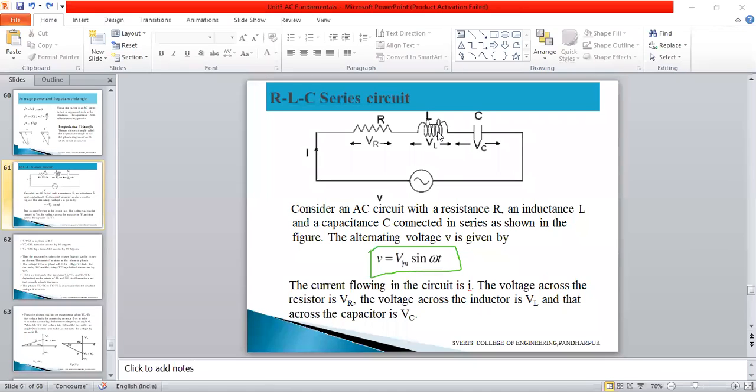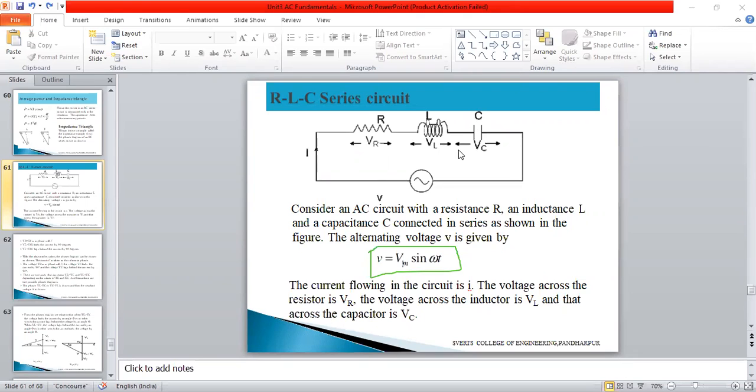If VL is greater than VC, then VL minus VC will be in the inductive form only, so the whole circuit acts as an RL circuit. If VC is greater than VL, then the circuit acts as an RC circuit.